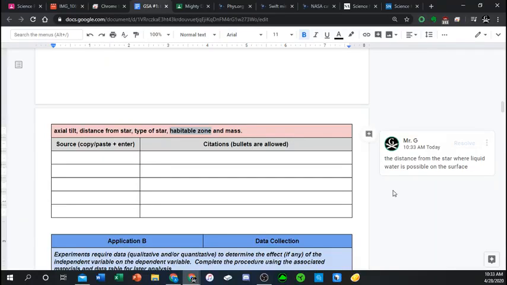That sounds straightforward. Here's the problem. The habitable zone of our star, our sun, is different from the habitable zone around Proxima Centauri. And that habitable zone is different from the habitable zone of a star like Betelgeuse in Orion. Why?